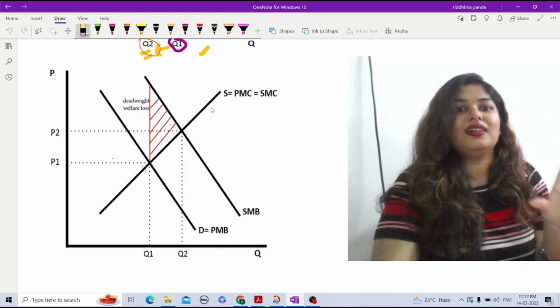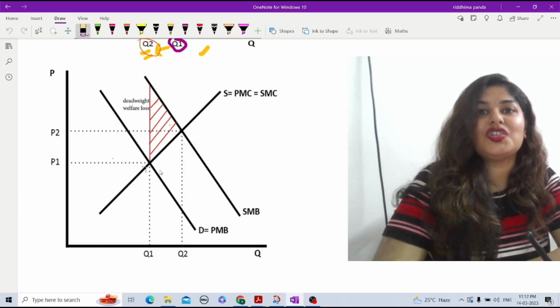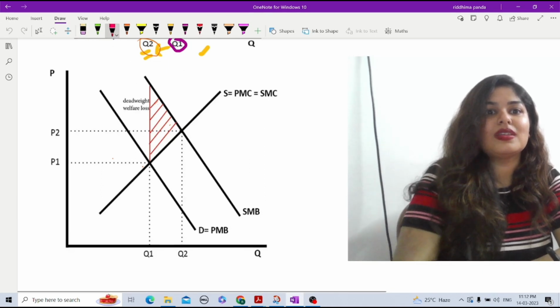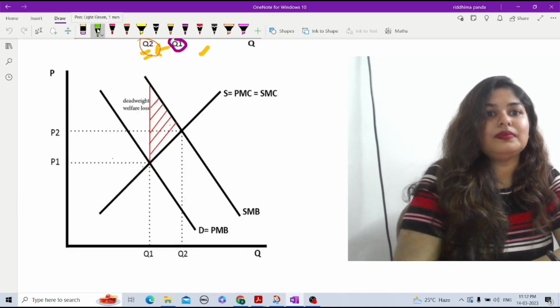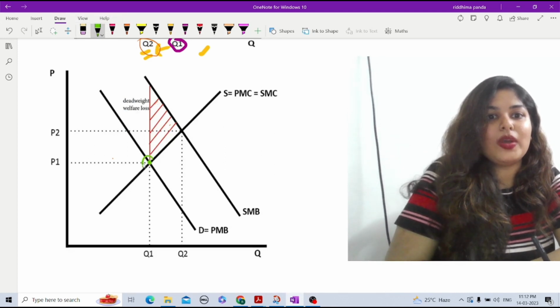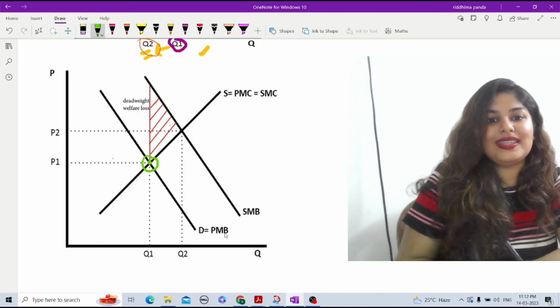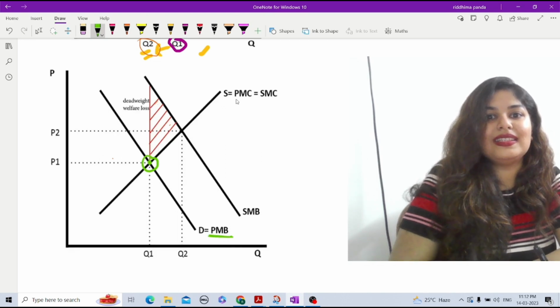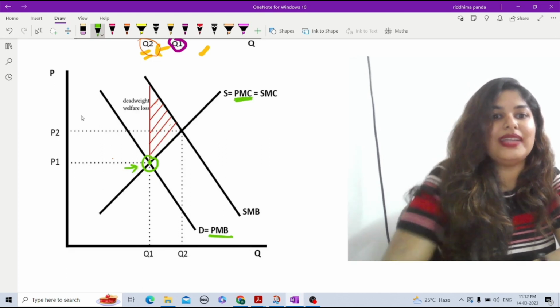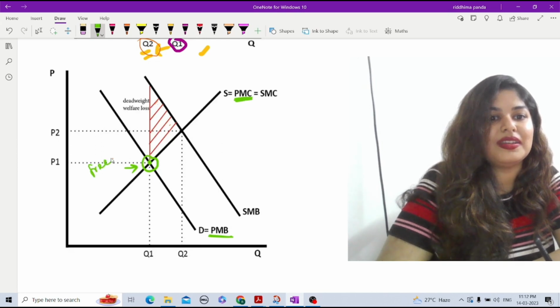That is why initially the free market equilibrium is given by this point, where, as you can see, this is the private marginal benefit and this is the private marginal cost, and these are equal here. So that is the free market equilibrium.